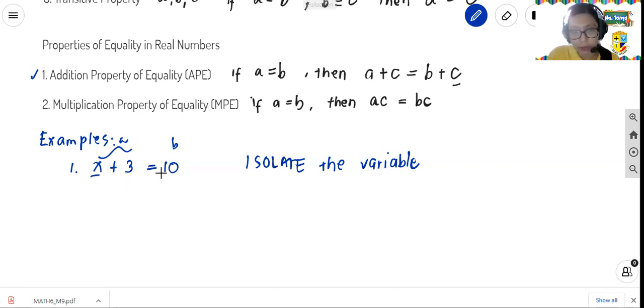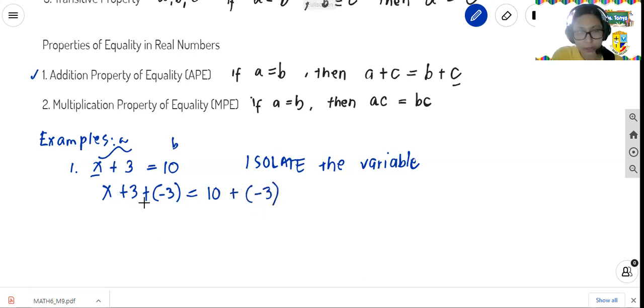And if this 3 becomes 0, then x will be the only one left on the left side of the equation. So I will add negative 3 to both sides of the equation.